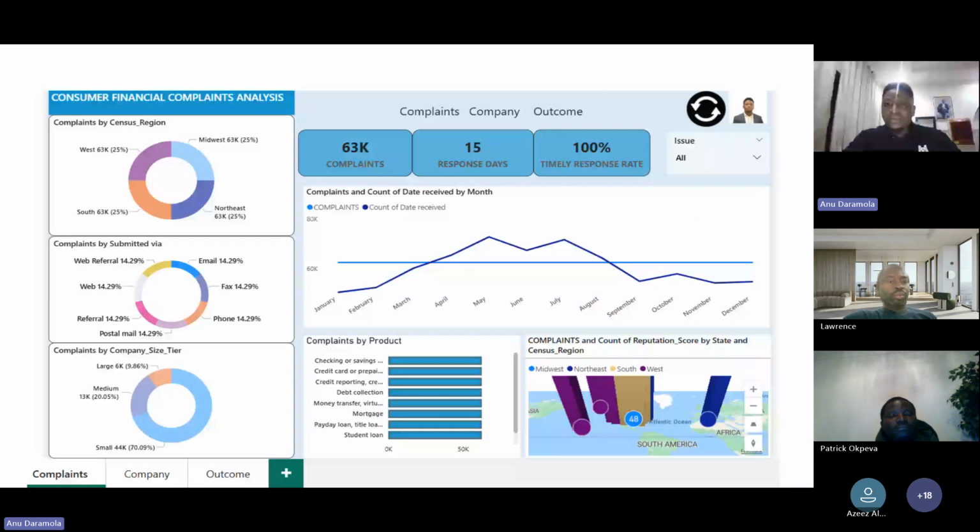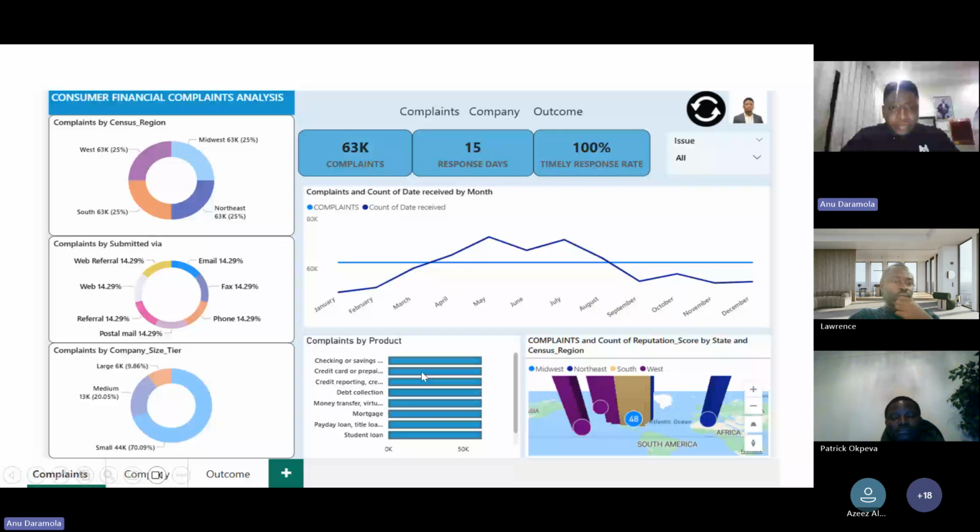And we'll look at the operational responsiveness. When we look at this, we have 100% timely response rate, and we have average of 15 days resolution time.